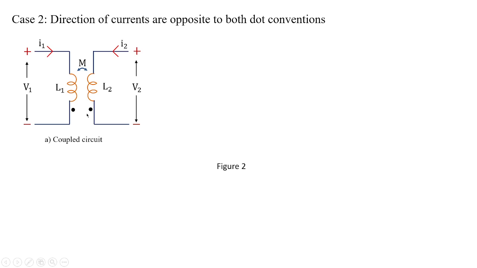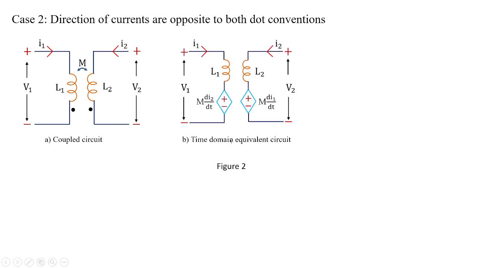So here the mathematical relation holds good: plus plus gives plus, and minus and minus also results in plus. For this case also we obtain the time domain equivalent circuit, where you can see the direction of the current flowing in L1 and the direction of the current I2 flowing in L2, and the mutually developed voltage becomes positive to negative from top to bottom, because both the dots are placed opposite to the direction of the currents.